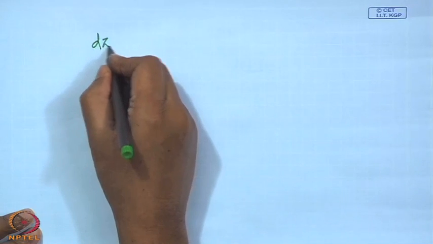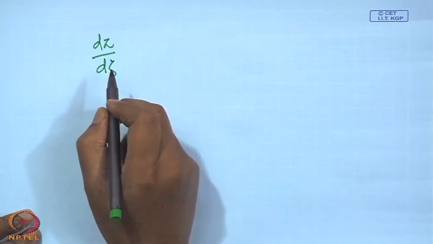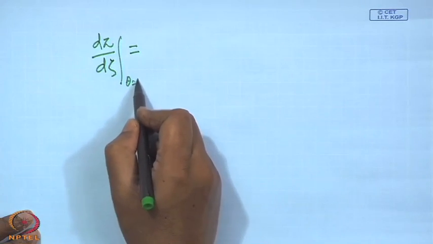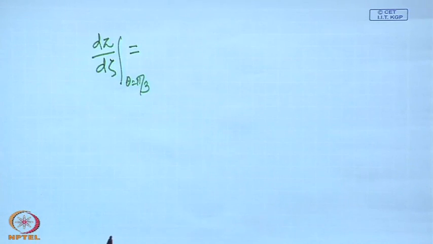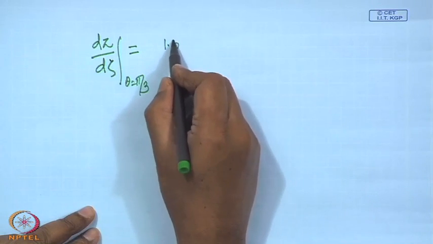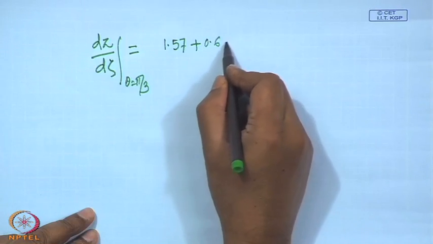I will just give you the final result for dz d zeta, but please check this. At theta equal to pi by 3, what I obtained is something like 1.57 plus 0.6 I.